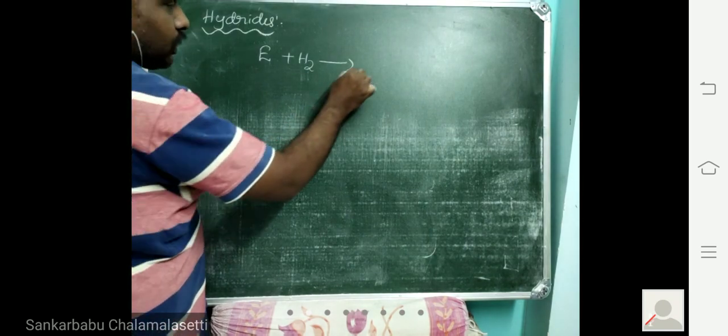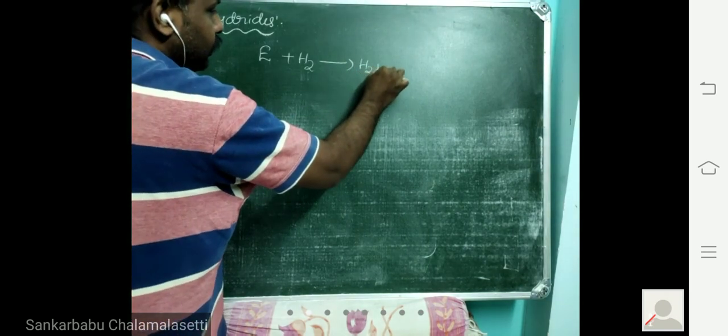Hydrides are the compounds formed by the reaction of 16th group elements with hydrogen. So let us take a 16th group element with the general formula E and hydrogen H2. All these elements react with hydrogen and form hydrides having the general formula H2E.